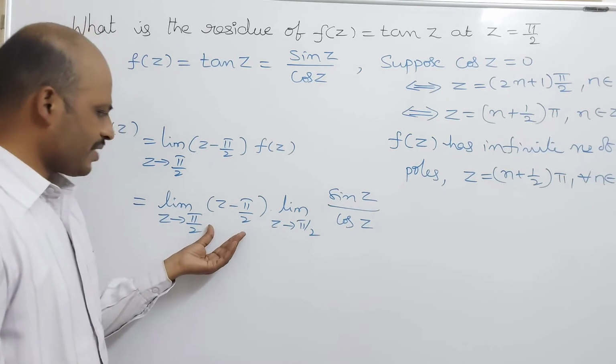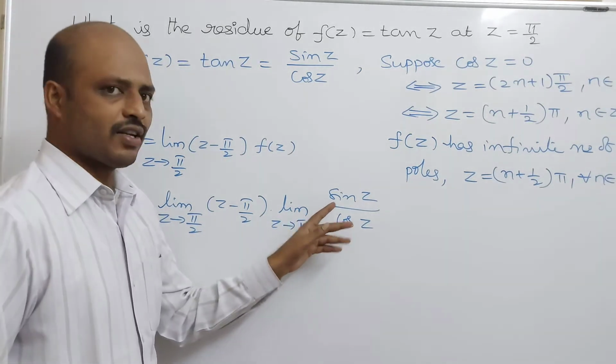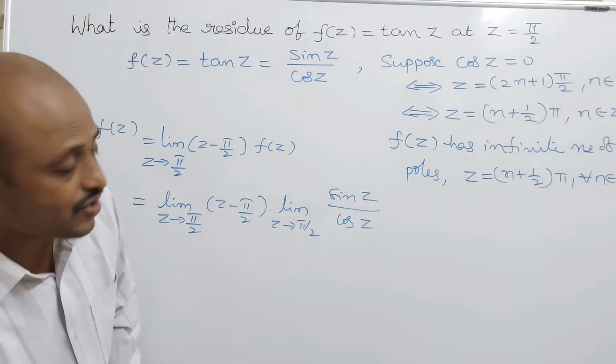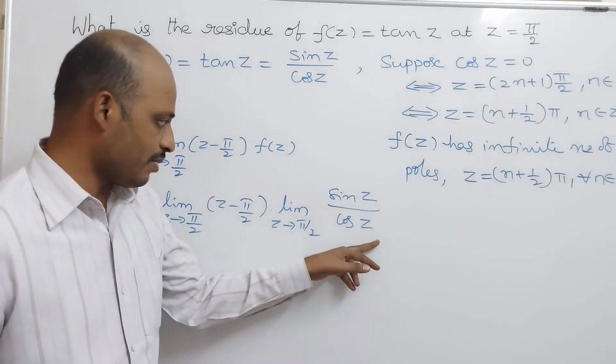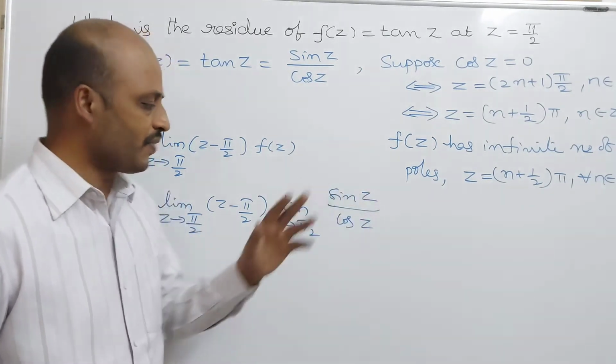The first limit becomes 0, but the second limit does not exist, as z tends to π/2, cos(π/2) is 0 and the quotient is infinite.